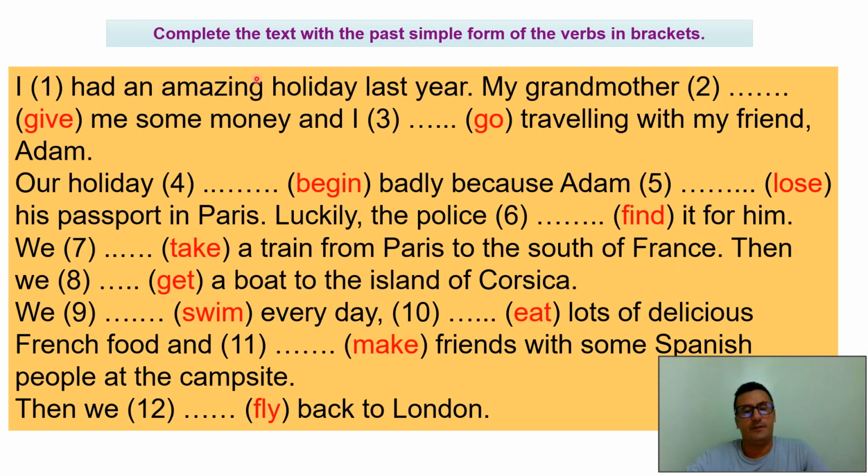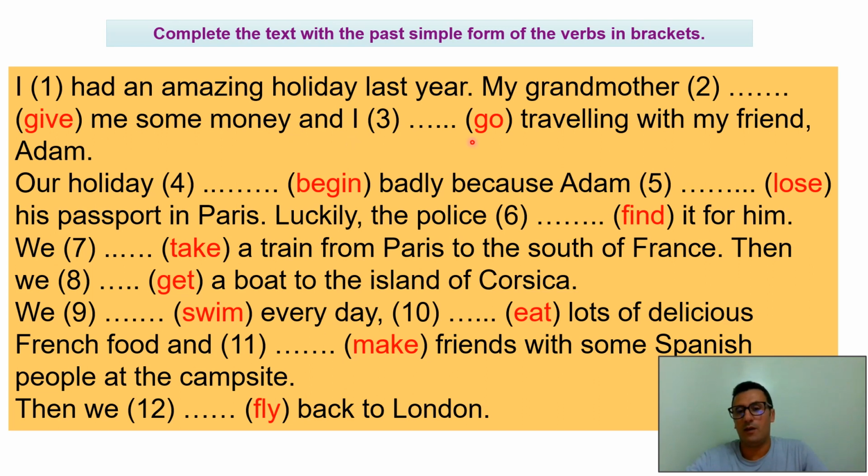Dernier exercice. Complete the text with the past simple form of the verbs in brackets. Nous avions déjà to have, donc on dit I had an amazing holiday last year. My grandmother, le verbe qu'on va conjuguer ici, c'est give, me some money.